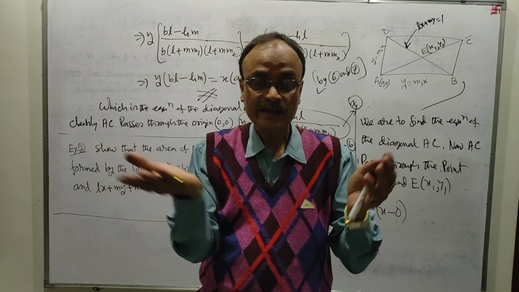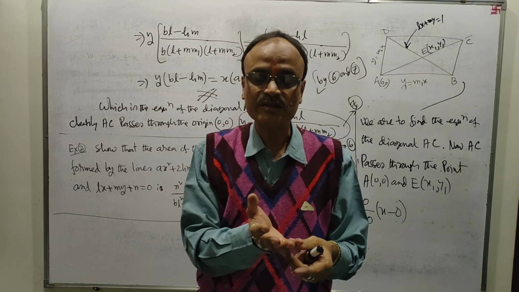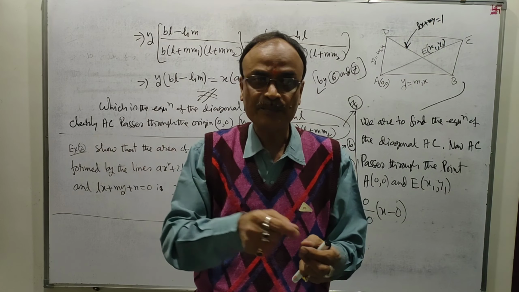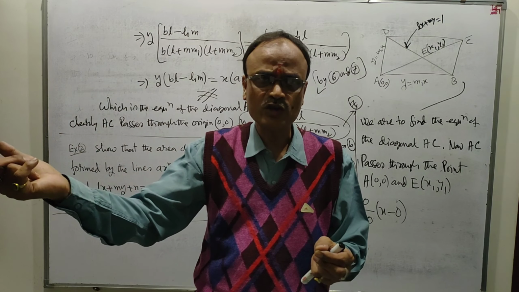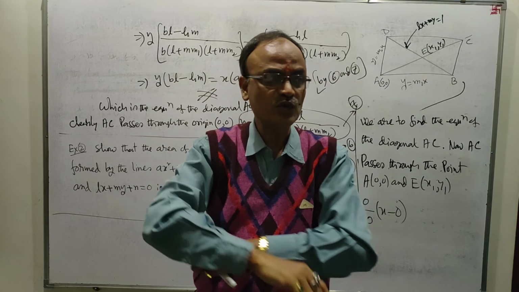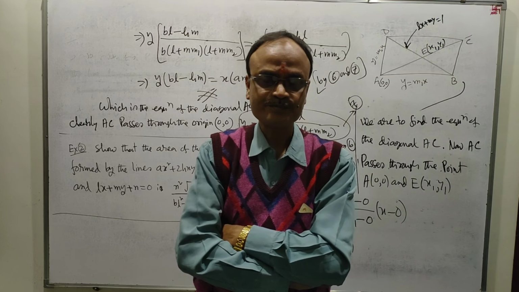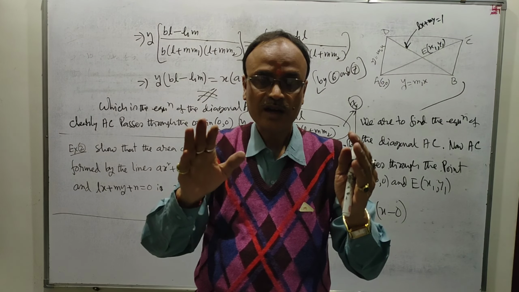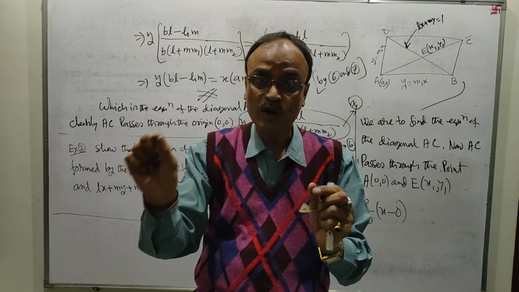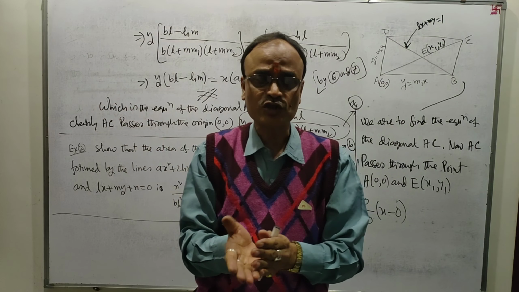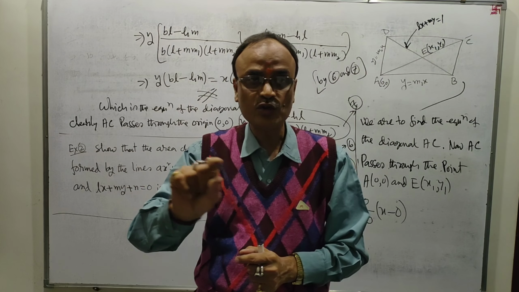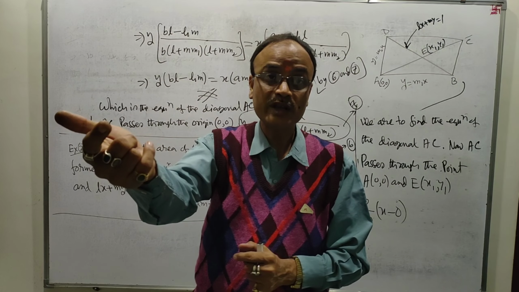Also, the equations of the adjacent sides are AB: y is equal to m1 x, and AD: y is equal to m2 x. Now, what is B? B is the point of intersection between the line y is equal to m1 x and LX plus MY equal to 1.